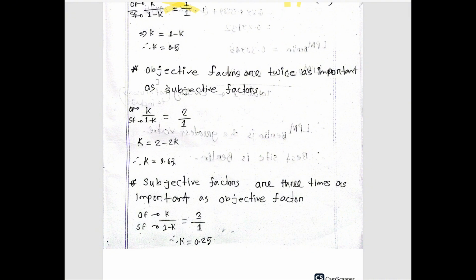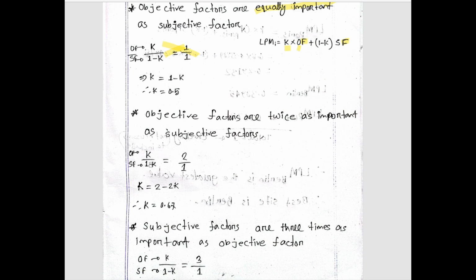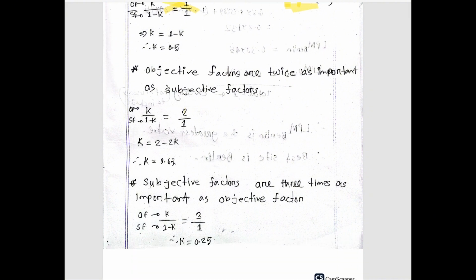Now what would happen if objective factors are twice as important as subjective factors? Same, k by 1 minus k, k is associated with objective factors. That's why we would give k as 2 and 1 minus k as 1. Again cross multiply, and we find the value k is equal to 0.67.